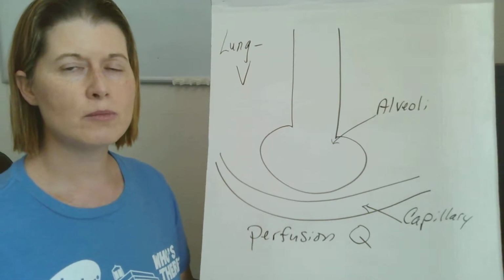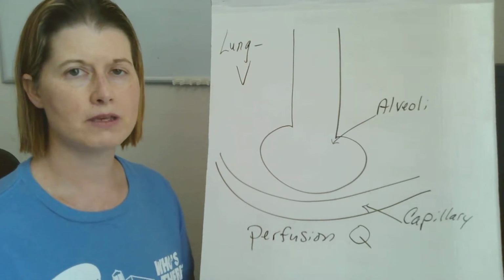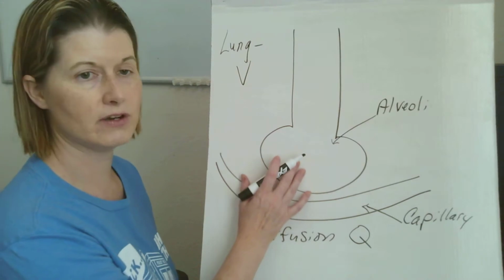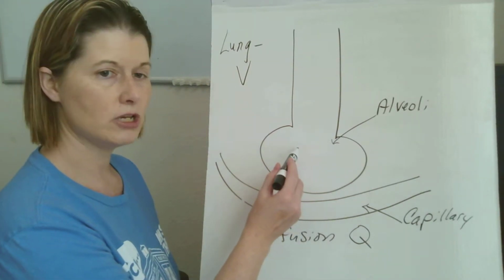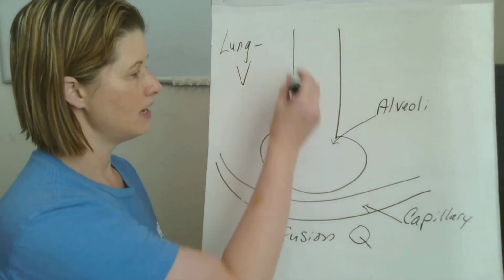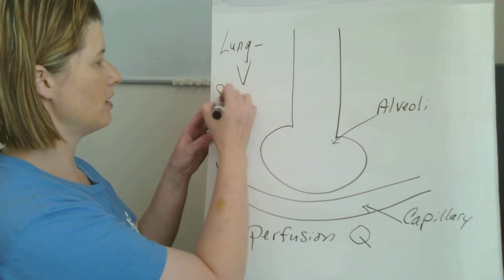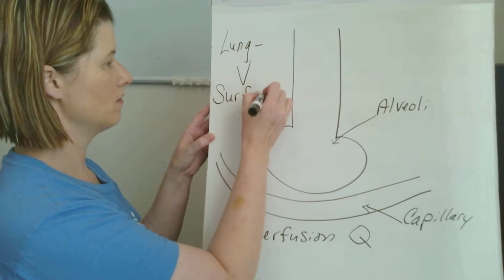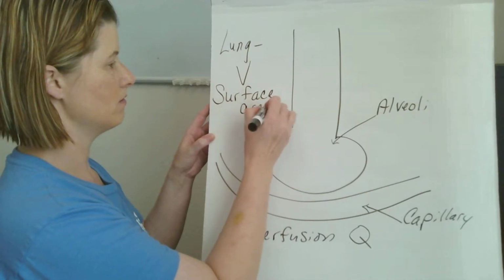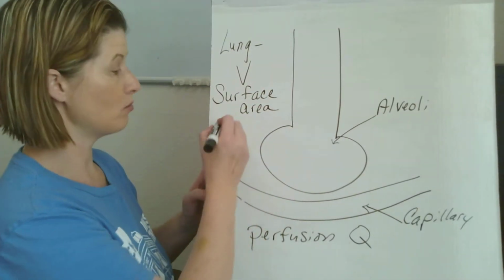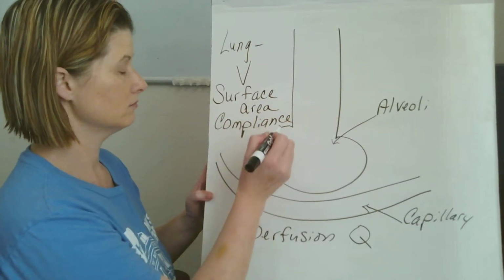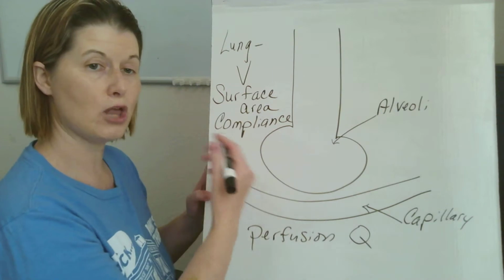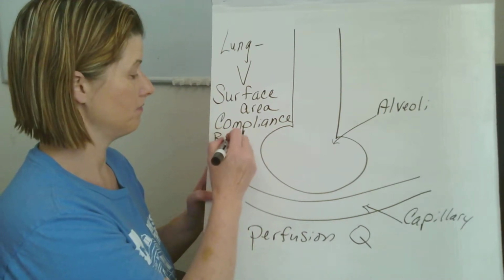So when we talk about the respiratory system, you have to have an understanding of the ventilation perfusion concept. How well we're ventilating has to do with surface area, and compliance of the lungs, and if there's anything blocking the way.